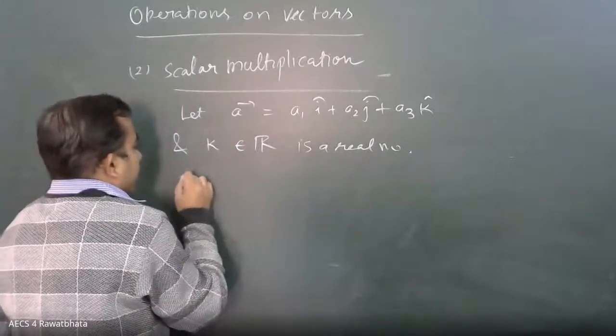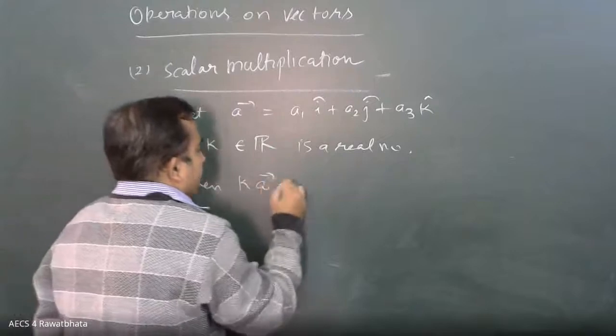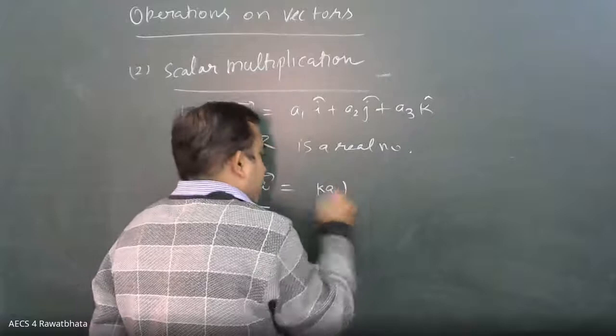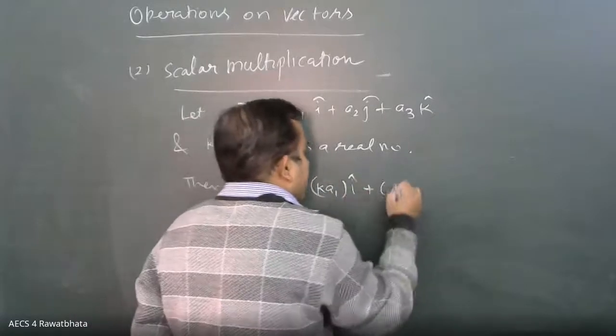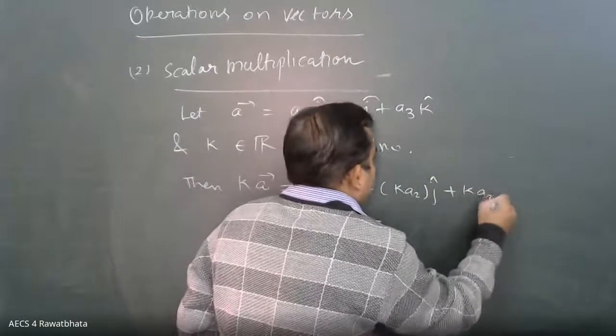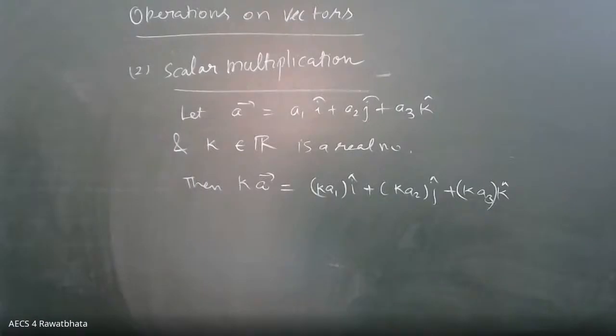Then ka vector will be multiplied with every component: ka1 into i cap plus ka2 into j cap plus ka3 into k cap. This is right.